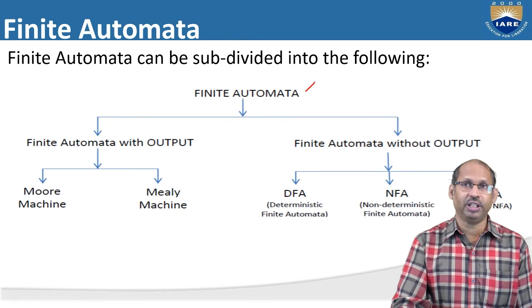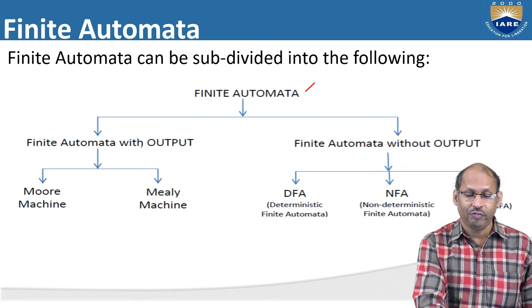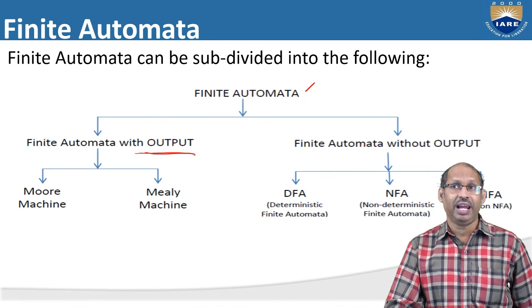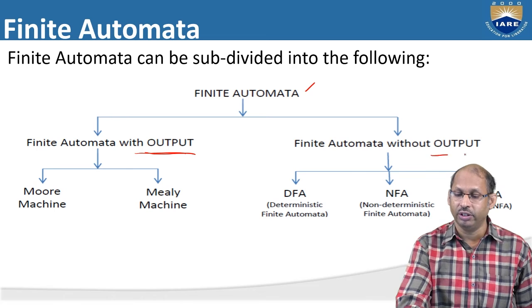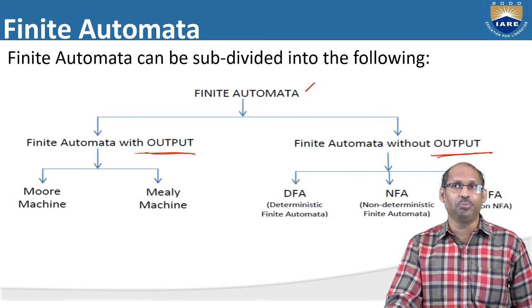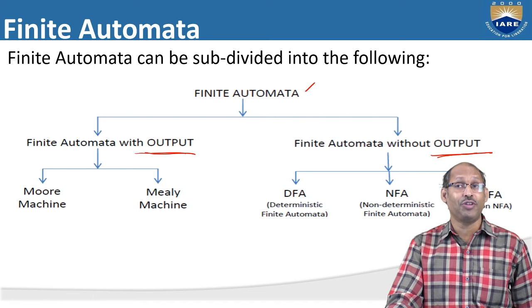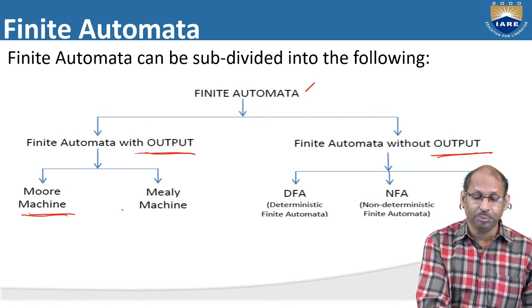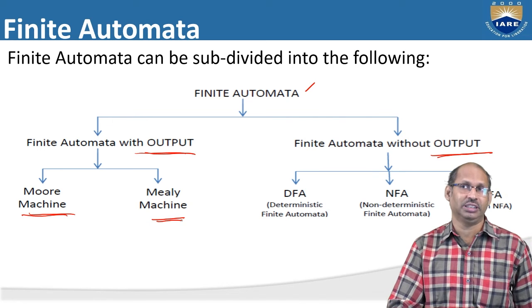There are finite automata with output and finite automata without output. For every input symbol there will be output symbols; these are the Moore machines and Mealy machines.